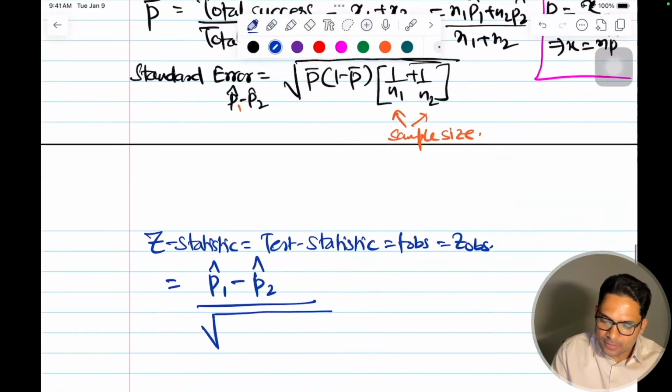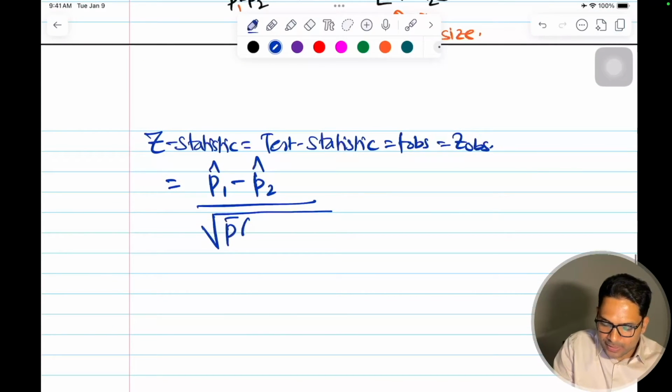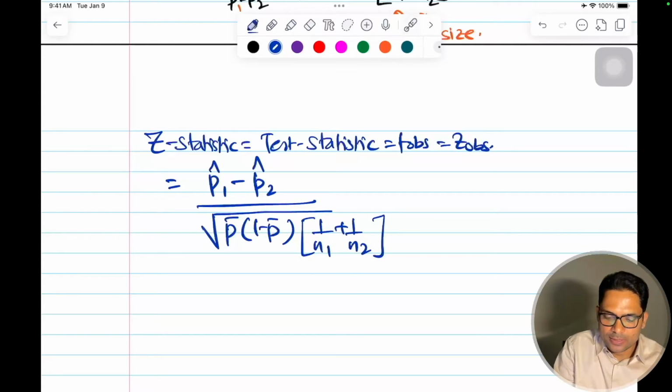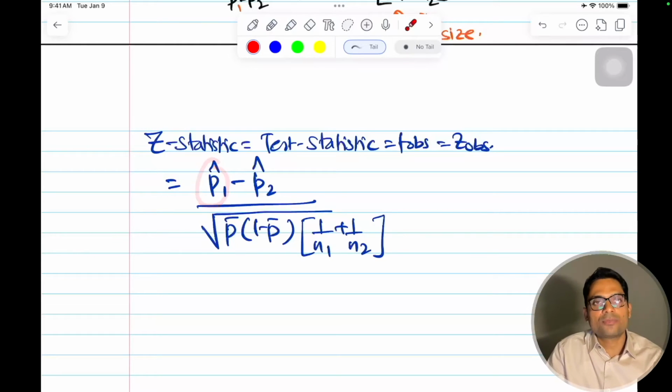Standard error is given by the square root of p bar into 1 minus p bar into 1 by n1 plus 1 by n2. We know all these terms. This is the proportion of success of the first sample, proportion of success of the second sample.